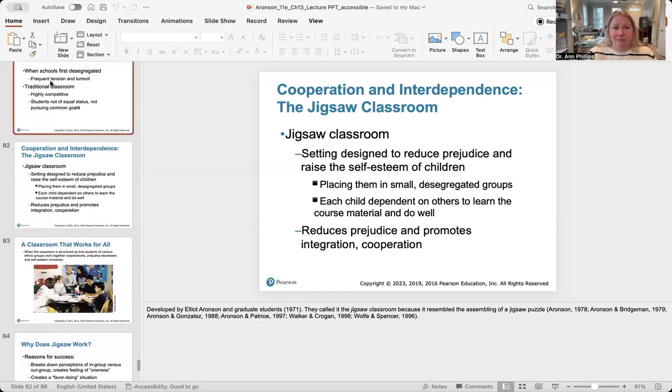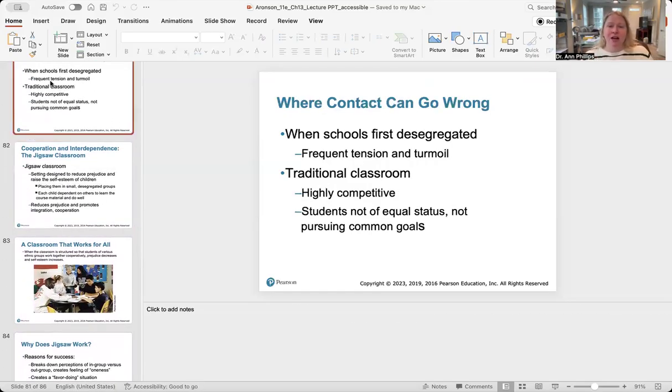Let's go back to what happens when contact goes wrong. They always use the example of the integration of schools in the 60s and 70s. As someone who grew up in a town where integration didn't happen until absolutely forced to, I can honestly say that the climate has to be right for it to happen, and sometimes you have to force the climate. So just sticking people together all of a sudden is not going to work.